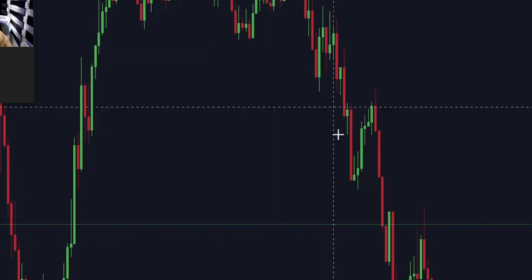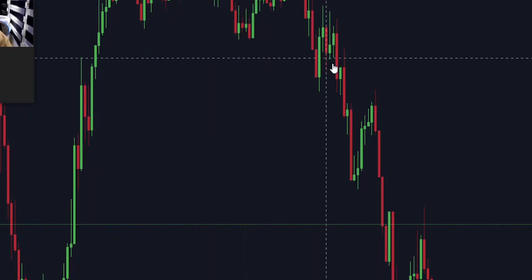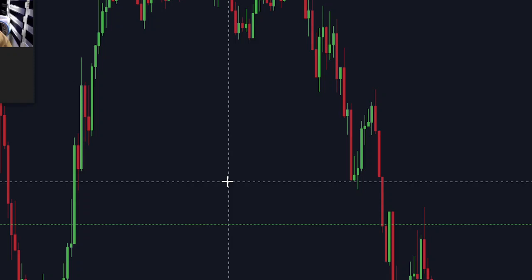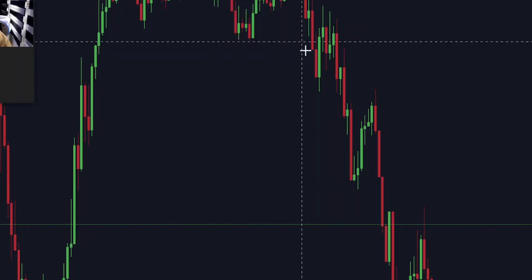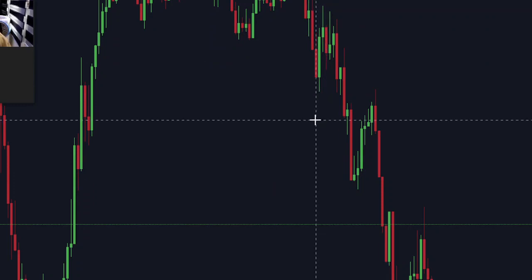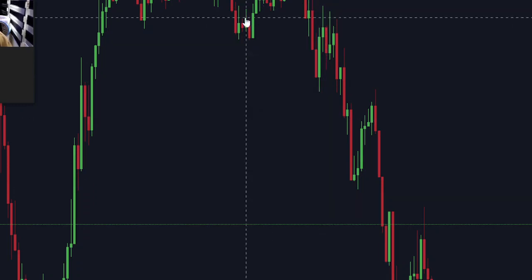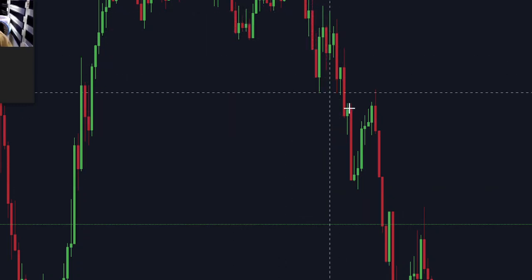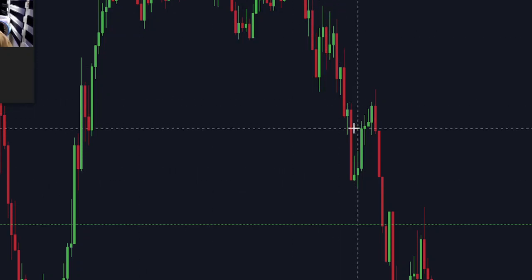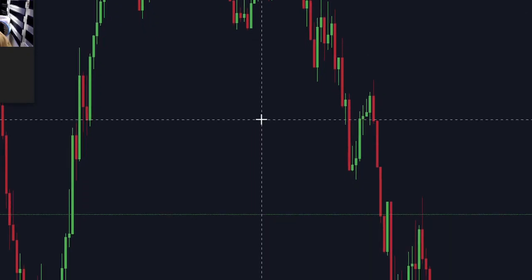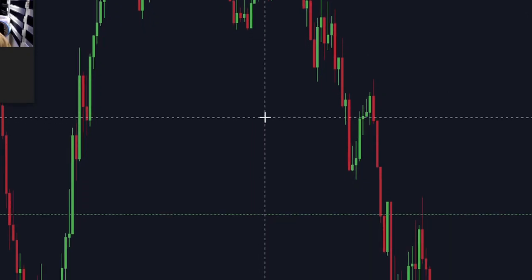So what's the dominant color on this side? The most dominant color of the candles you are seeing on this side? Should be green now.